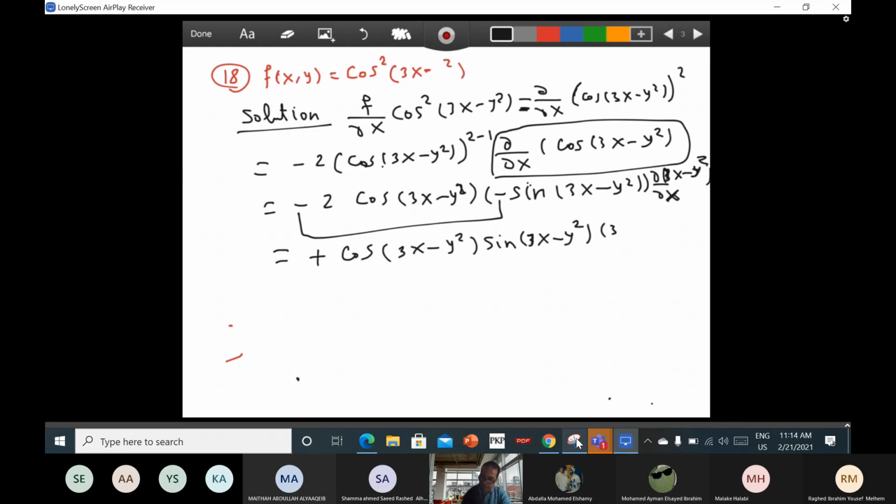It is 3. If you would like, write minus 0 to make sure this is 0. Now I finish: 3 times this. It is better to write the number as a coefficient first: 3 cosine (3x minus y square) sine (3x minus y square). This is my f_x, the first derivative with respect to x.